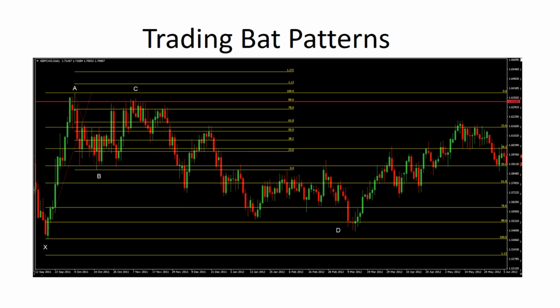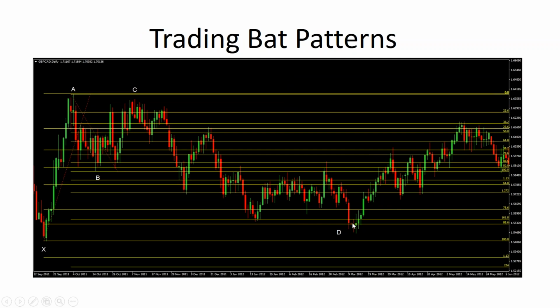So we move all the way down from that BC lower high all the way down into the D point here at the 88.6% retracement of the XA leg, and then also at the 161.8% extension of that AB leg. So the charts might look a little bit messy here with all of these lines, but again, remember, all we're simply looking to do is go along and tick off on our checklist whether or not price is completing at the right levels.